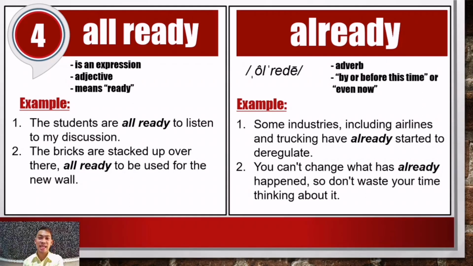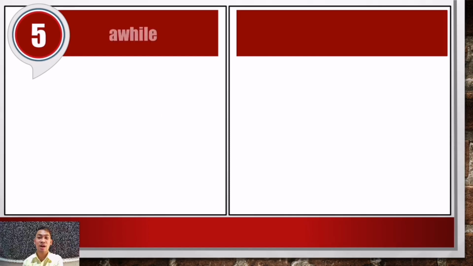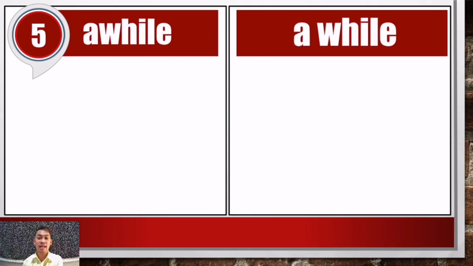Let us now proceed to our fifth common usage problem, and these are the words "awhile" and "a while". To tell you honestly, these two are the same, for they both refer to duration. When we talk about "awhile" as one word, it is an adverb which means for a while, and it usually comes after a verb.